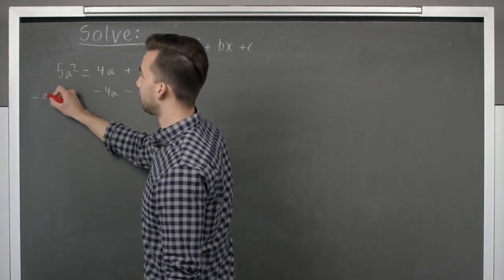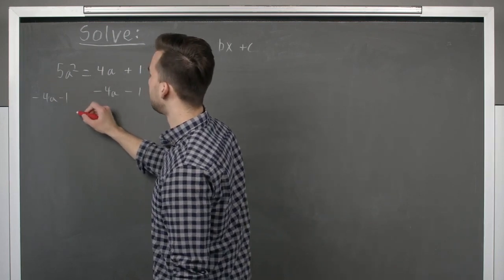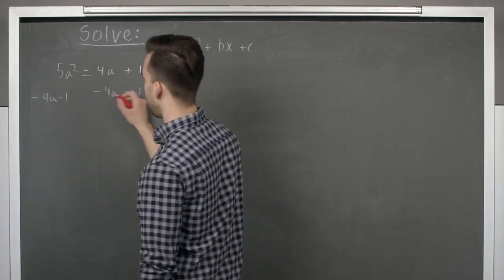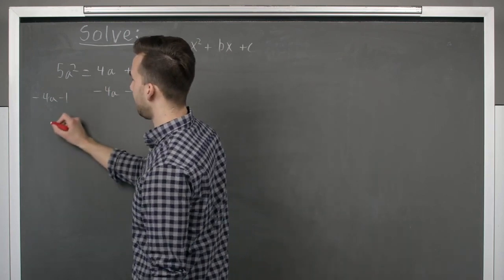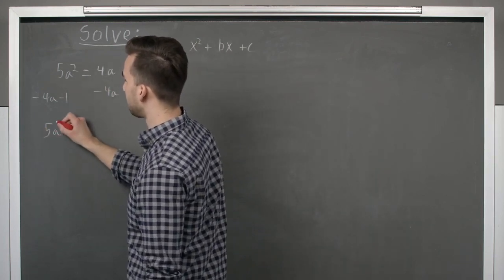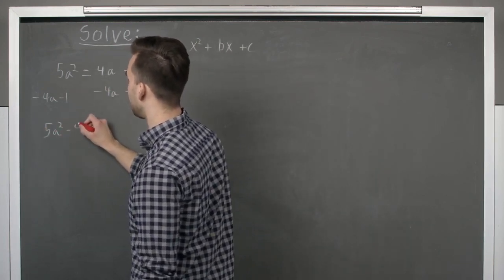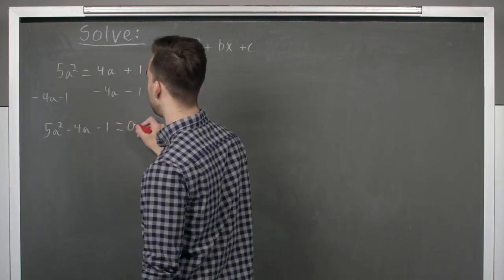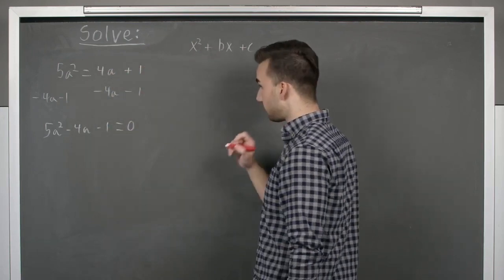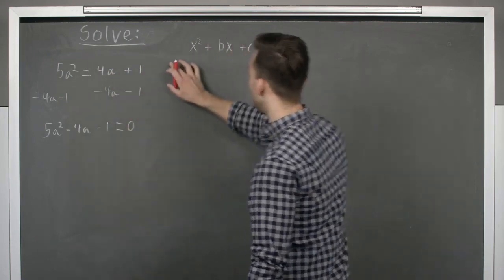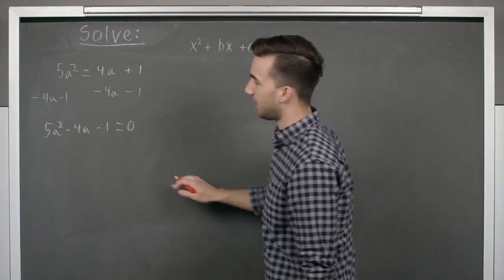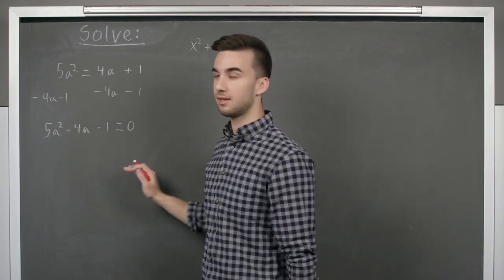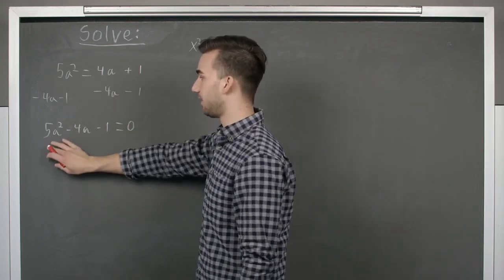That'll give us a 0 on this side and a 5a squared minus 4a minus 1 all equal to 0, right? So now it is kind of in this form, but we have a 5 for our a squared. We have a 5a squared.